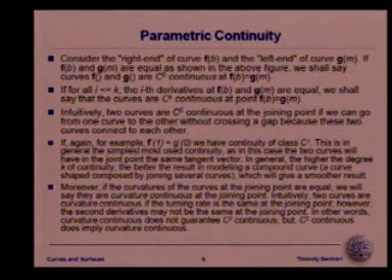So the situation is, well, I think you can visualize it, but just to make a drawing.